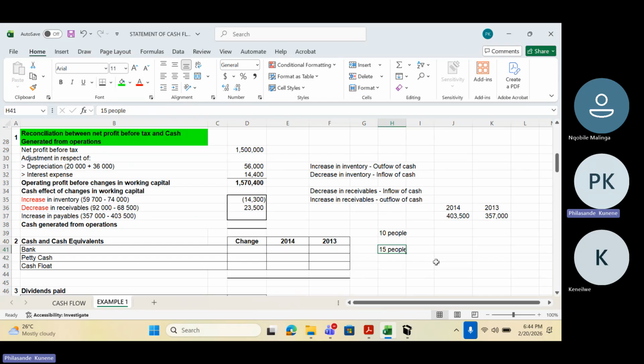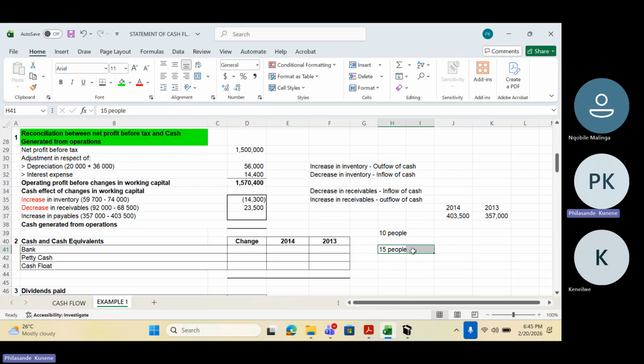So that is going to be an inflow as a result, because I'm going to treat it as if those creditors gave me money, since the stock they're giving me I'm going to convert into cash. If 10 people gave me stock last year, now 15 people gave me stock this year, so the stock I got without paying for it has increased, and I'm going to convert that stock into cash.